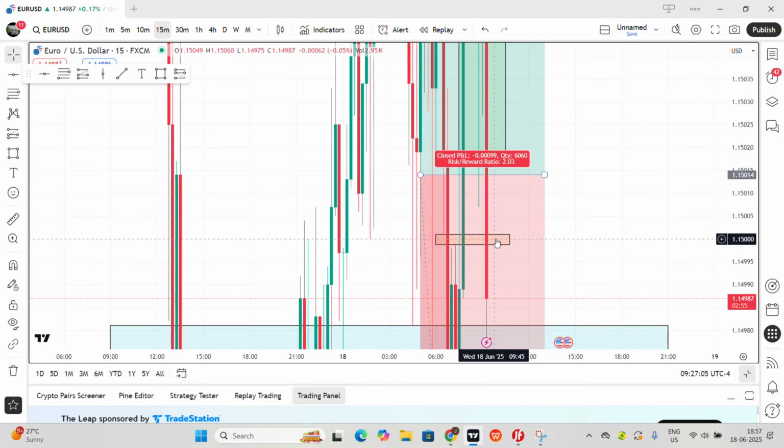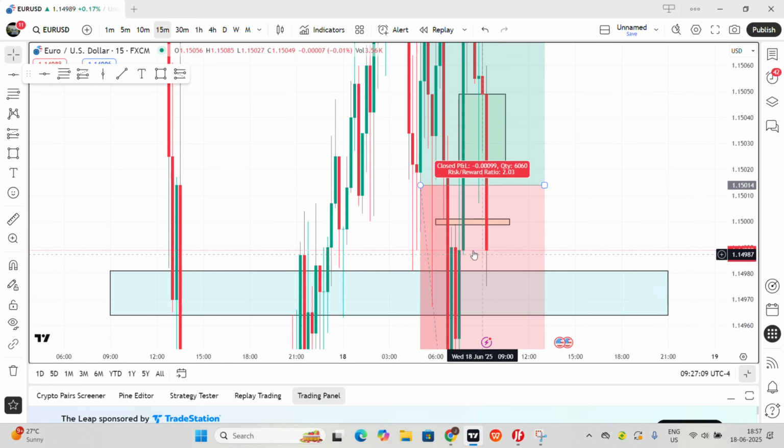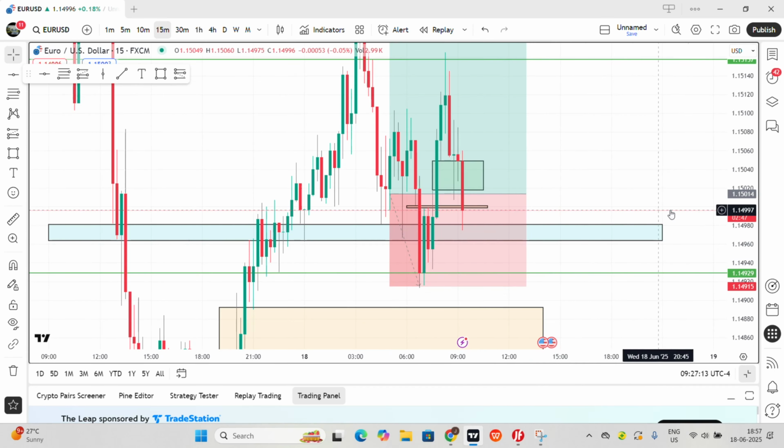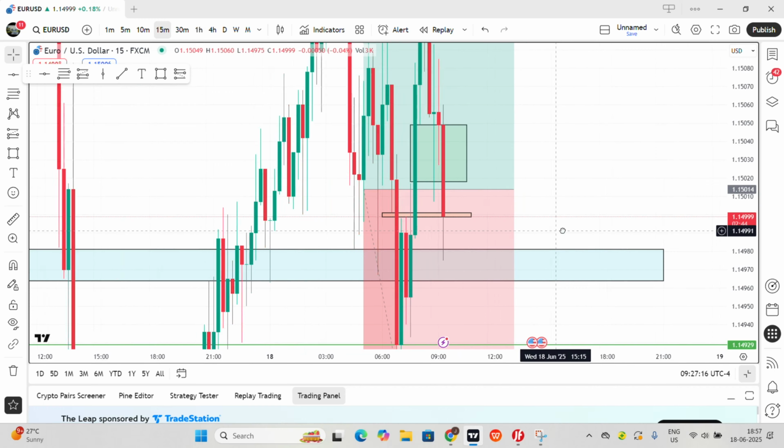I want the bodies to close within this. If it closes outside of that, we might have a problem.